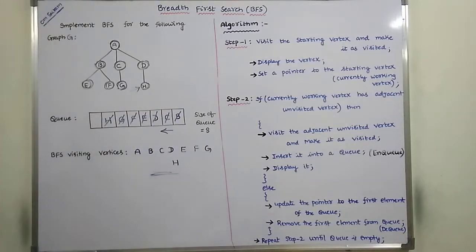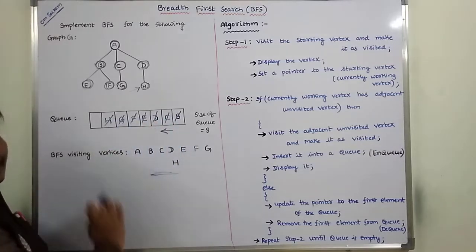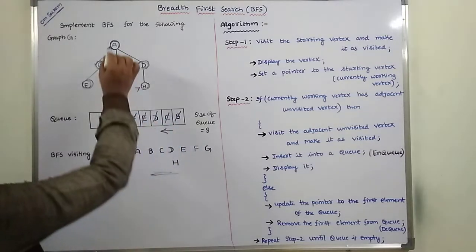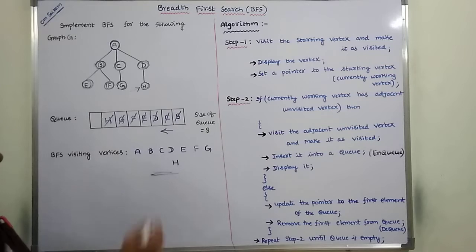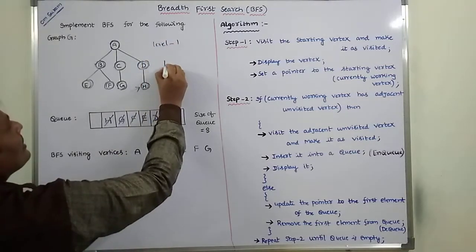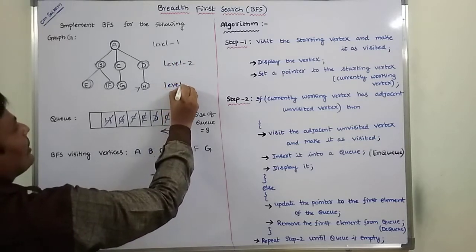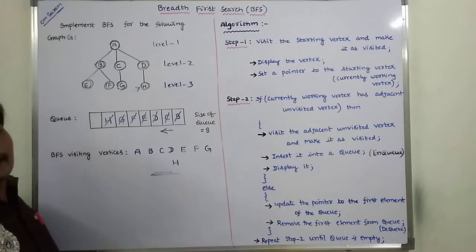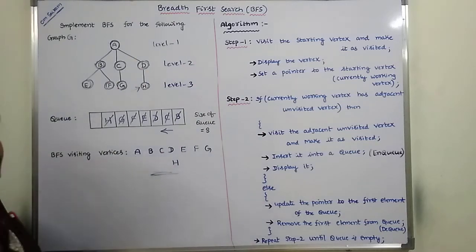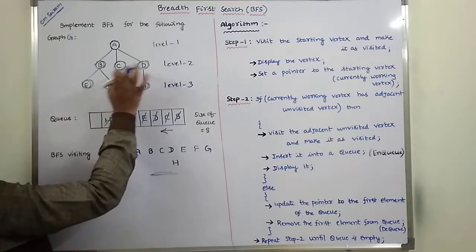In this way, we implement the BFS, breadth first search technique, on this graph G. This is the order of visiting of vertices. First, we visit the vertex in level 1. This is level 1, this is level 2, and this is level 3. First, we visit the vertices in level 1, that is vertex A. Then go to level 2, where B, C, D are there.